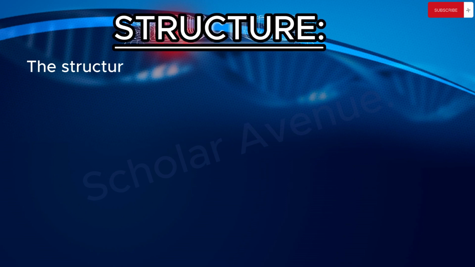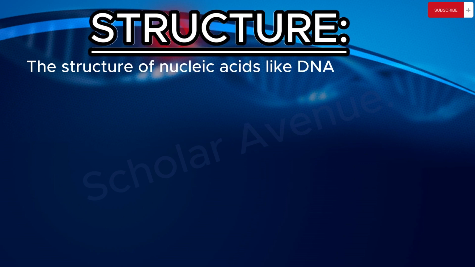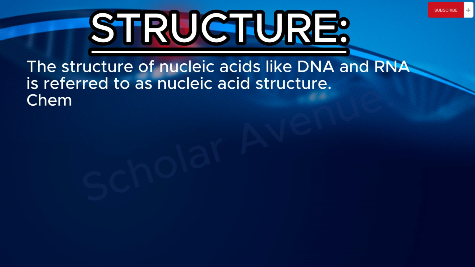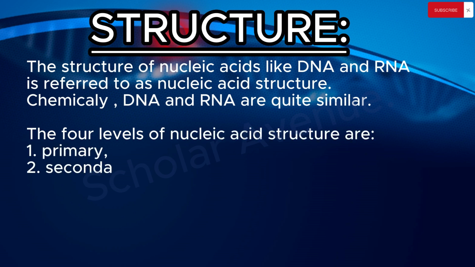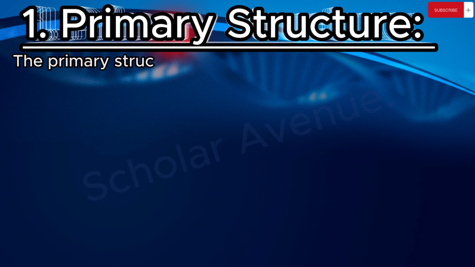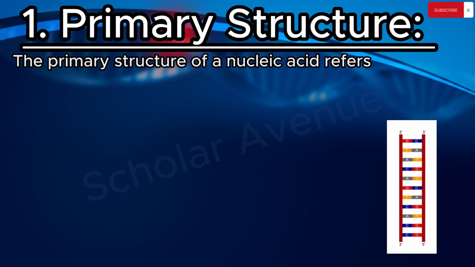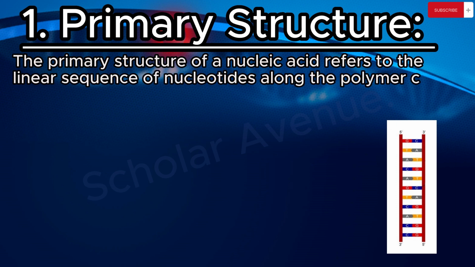The structure of nucleic acids, like DNA and RNA, is referred to as nucleic acid structure. Chemically, DNA and RNA are quite similar. The four levels of nucleic acid structure are primary, secondary, tertiary, and quaternary. The primary structure of a nucleic acid refers to the linear sequence of nucleotides along the polymer chain.